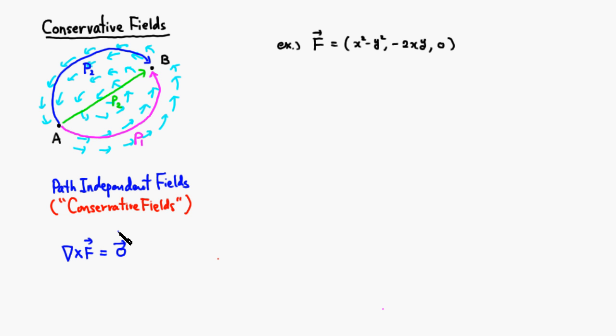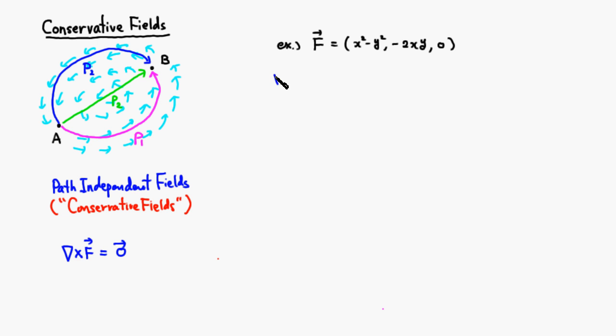All right. So here's an example. Let's show that this given force, F equals x squared minus y squared comma negative 2xy comma 0, is conservative. So you have a force here, and then let's compute its curl.